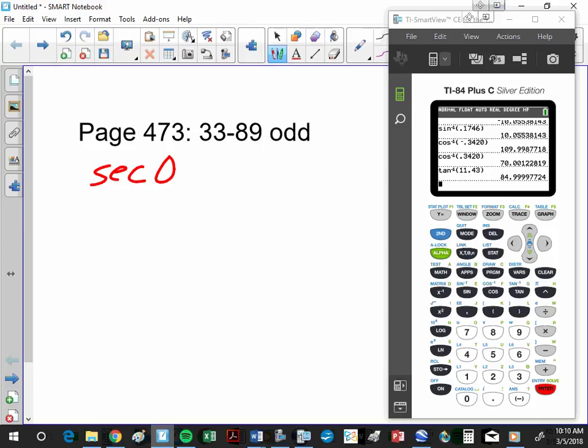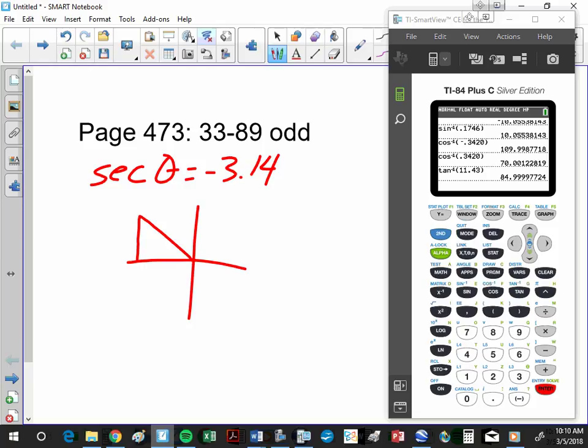So the secant of theta is negative pi, negative 3.14, and we are in quadrant 2. Can this happen? Does this exist? Yes, because h over a has to be bigger than or equal to 1 or negative 1.